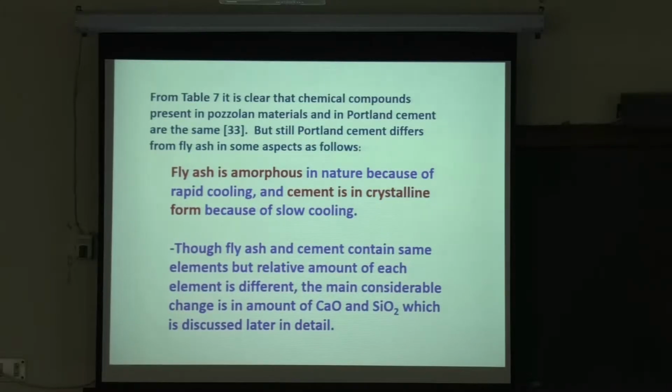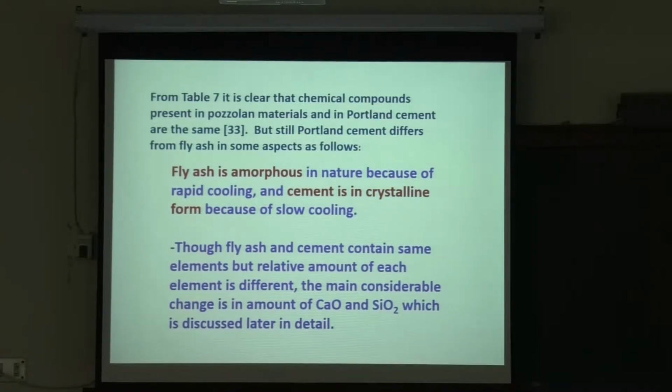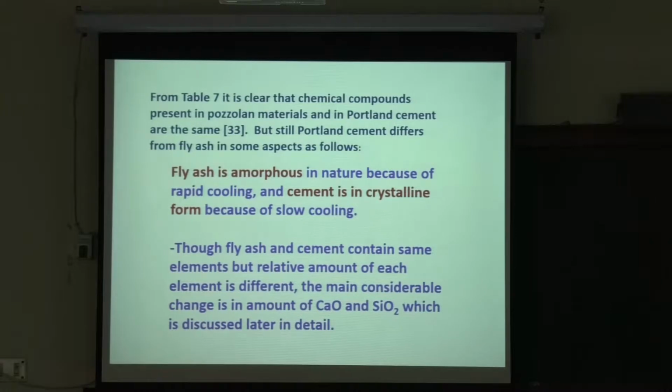So, although, as we say, the chemical compounds present in pozzolan cements and Portland cements are the same, that is where I think the questions were going on. I held off showing this slide before because I wanted that question to come up and all the discussions to go on. And now I have some answer here, because fly ash is an amorphous material.